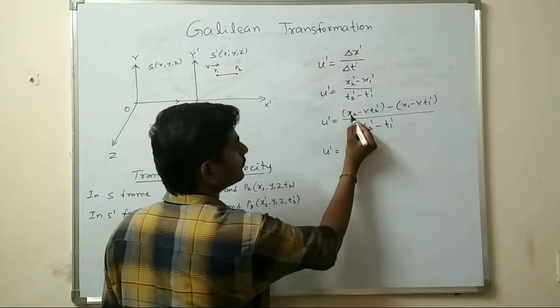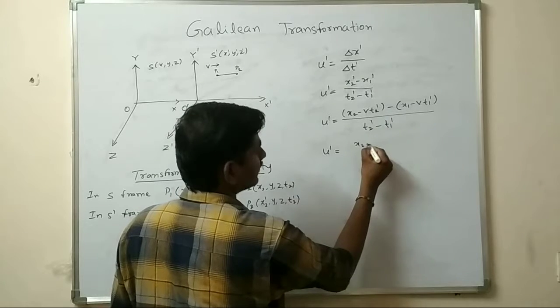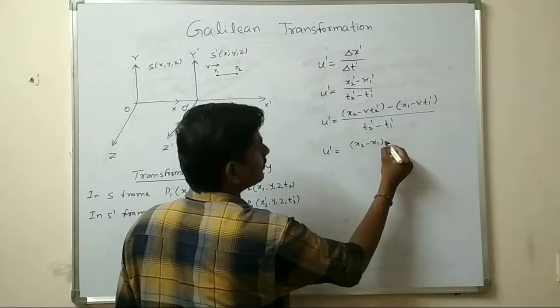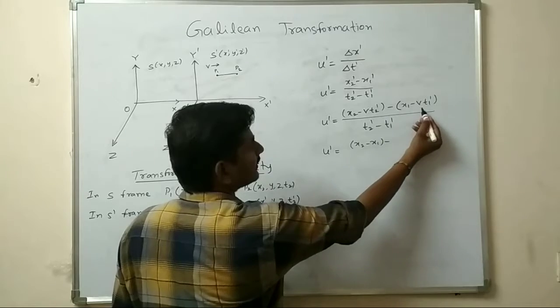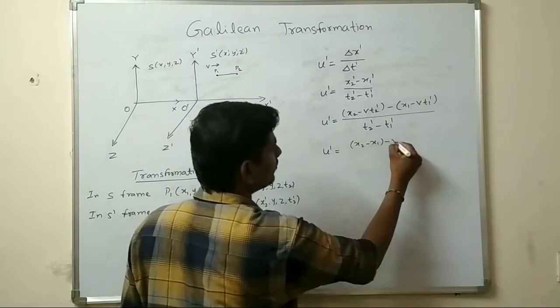u dash is equal to x2 minus x1, minus, here we can take minus v common.